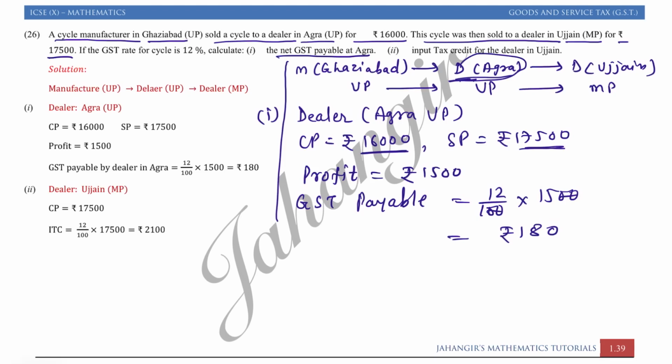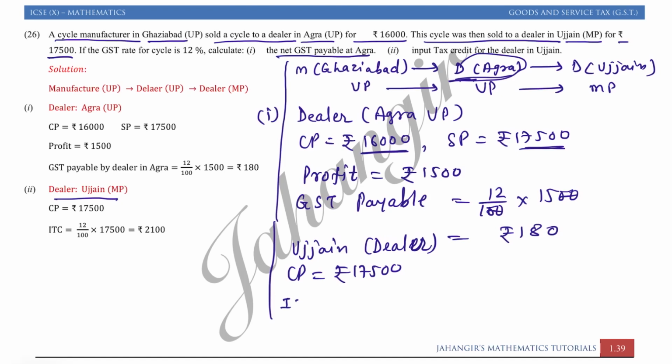Second is input tax credit for the dealer in Ujjain. So the cost price of the dealer in Ujjain, its CP is ₹17,500 because selling price of the dealer in Agra will be the cost price of dealer in Ujjain. Ujjain is in MP. So now we have to find input tax credit. Input tax credit is the tax payable on the purchase.